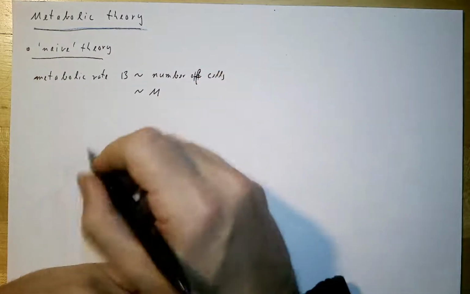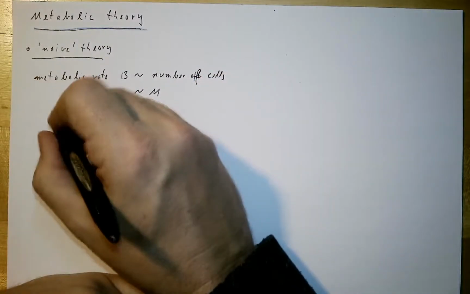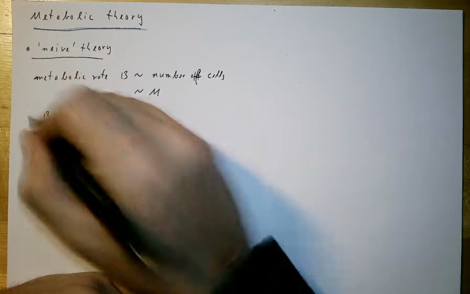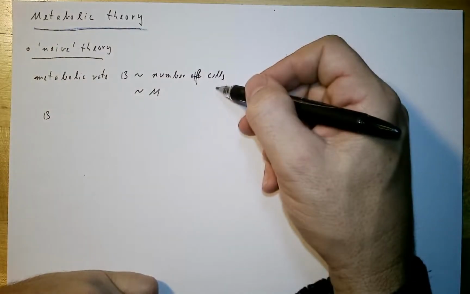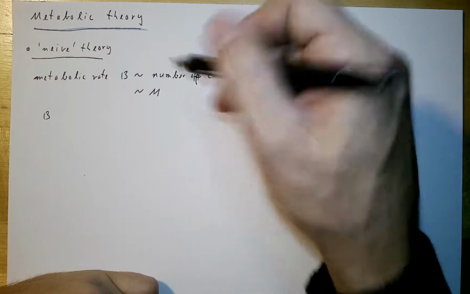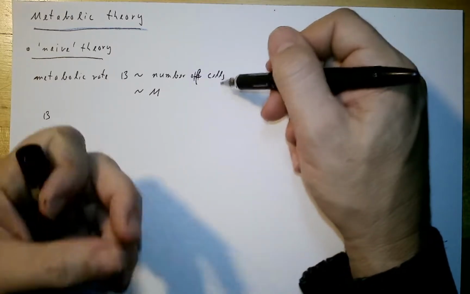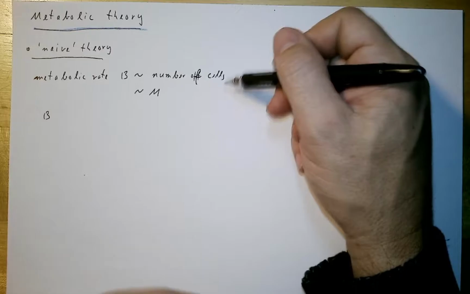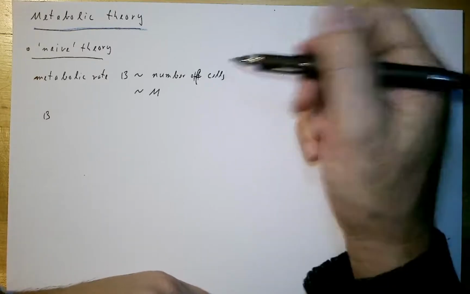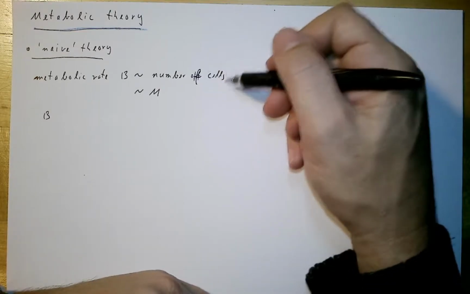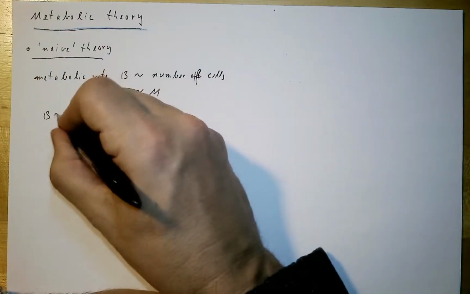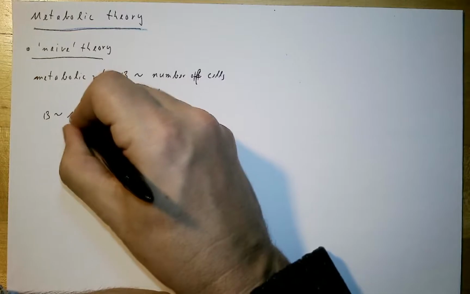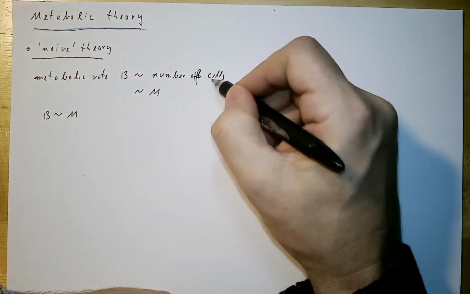Yeah? So this means the most naive thinking, if every cell would produce the same amount of heat, because let's say you have an organism, all cells basically do the same, they work with a certain metabolic rate, they do chemical processes, dissipate heat, and then you would expect that the metabolic rate of the whole organism is proportional to the number of cells.